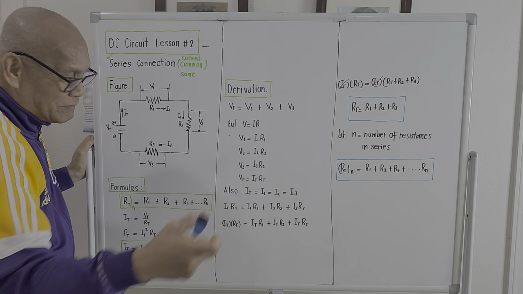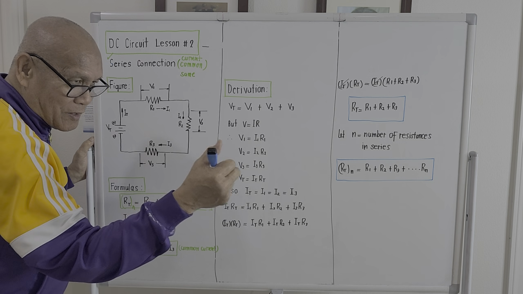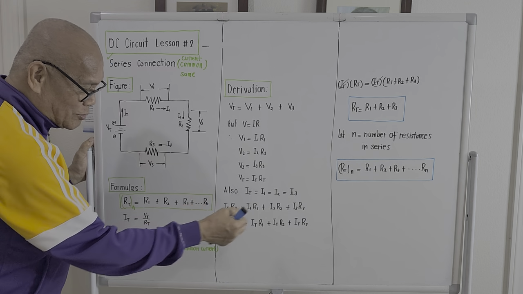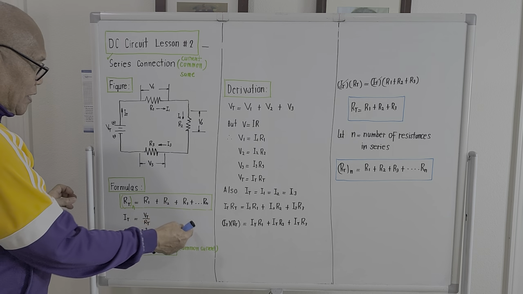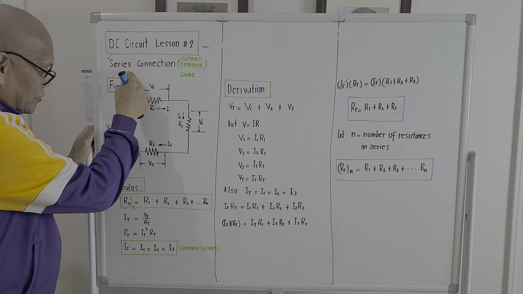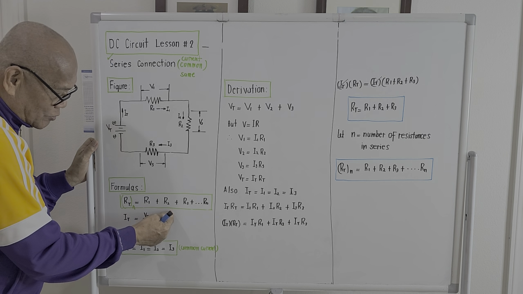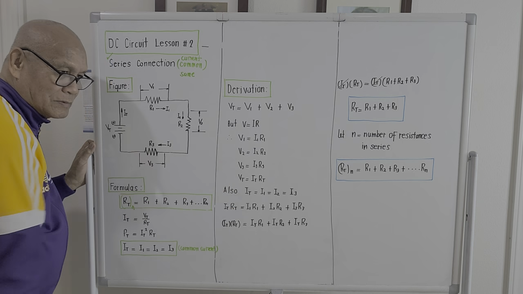If there are 10, the last one will be R sub 10. If there are 5, the last part should be R sub 5. That's why I place R sub N here. This is the first formula for it to be considered a series connection, meaning the total resistance is the summation of R sub 1, R sub 2, R sub 3, plus R sub N.